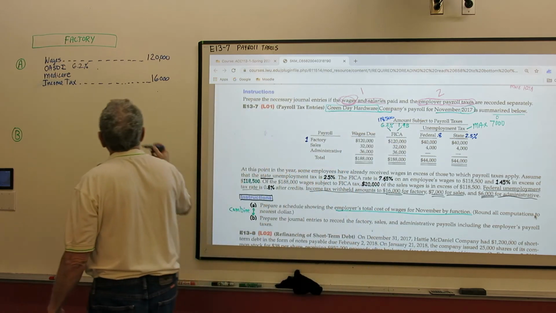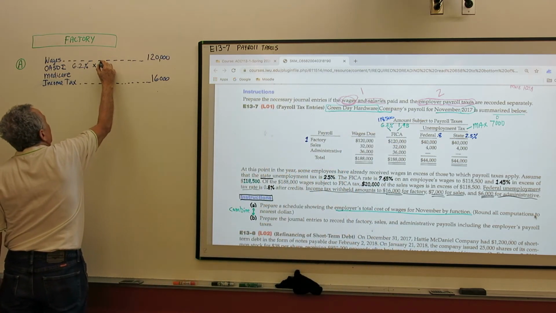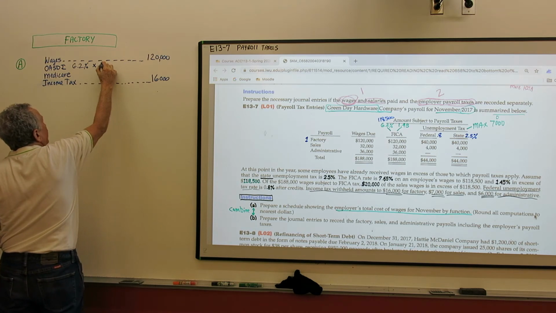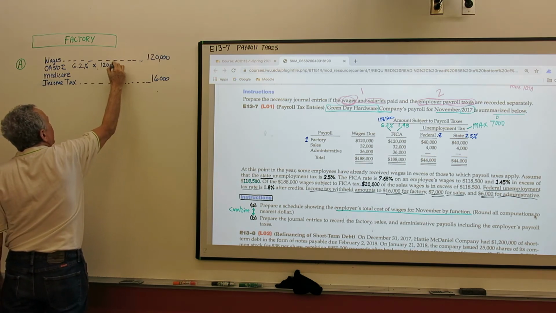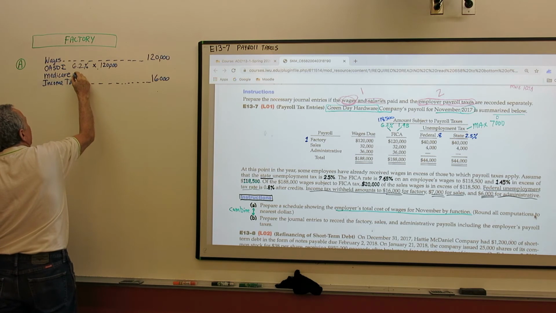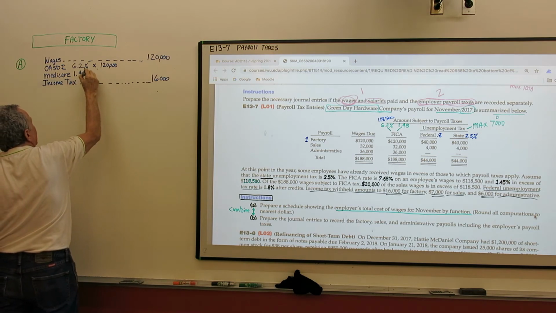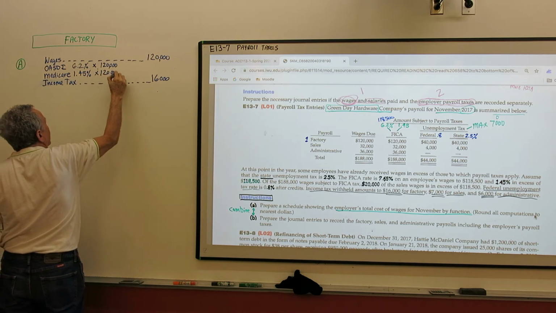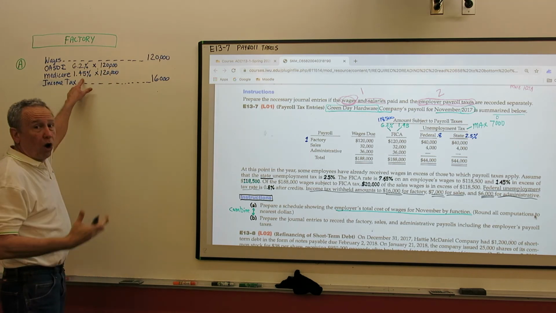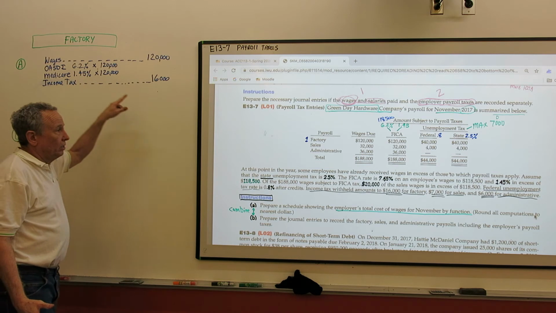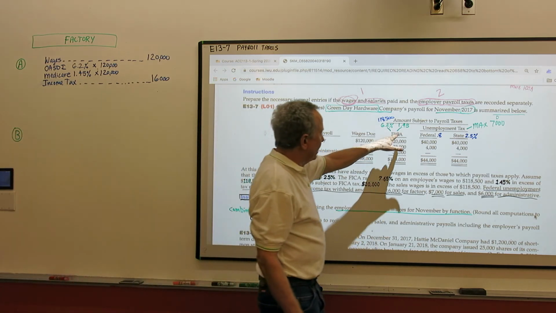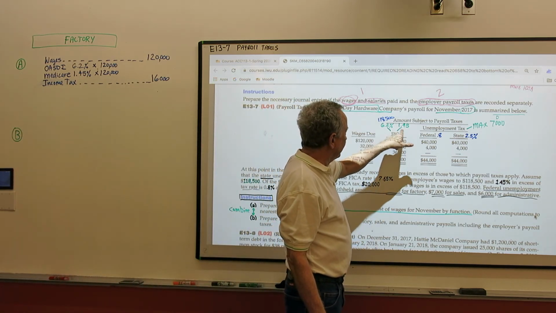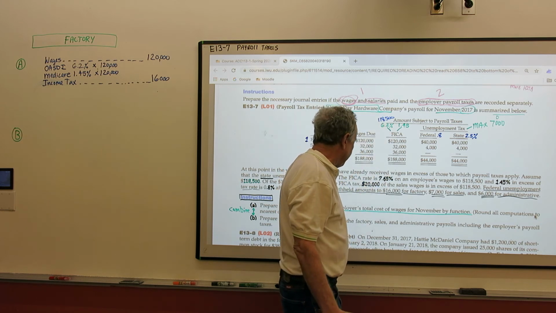So all of that, we're going to take times $120,000. That's what they've made. All right, the Medicare is 1.45%, and we're going to take that times the $120,000 too, because that has a rule that all of it is taxable. There's no limit on Medicare, but there is a limit on OASDI.